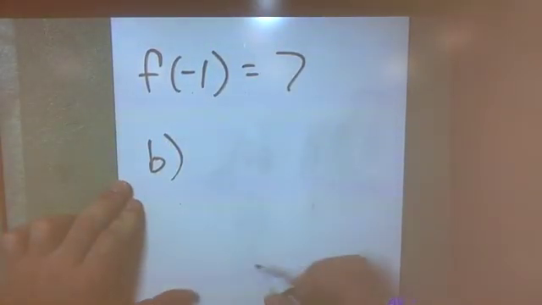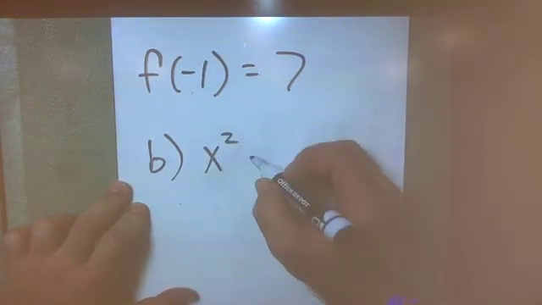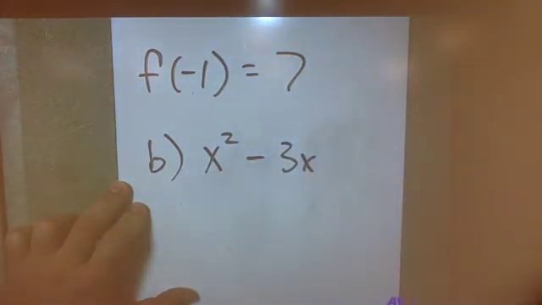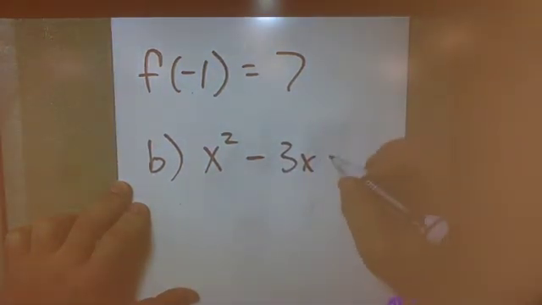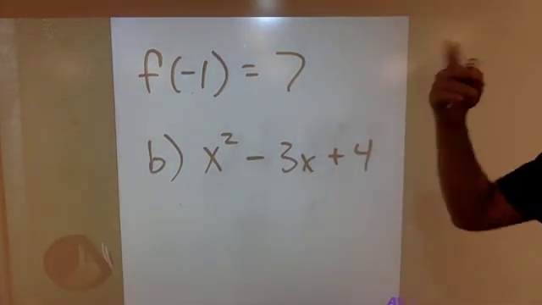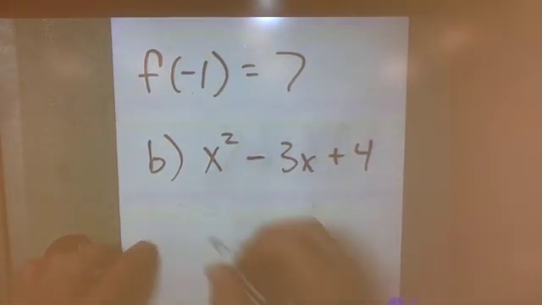Let's say choice B is x squared minus 3x plus 4. That looks a little crazy, but it might be right. So let me plug that in and see what I get.